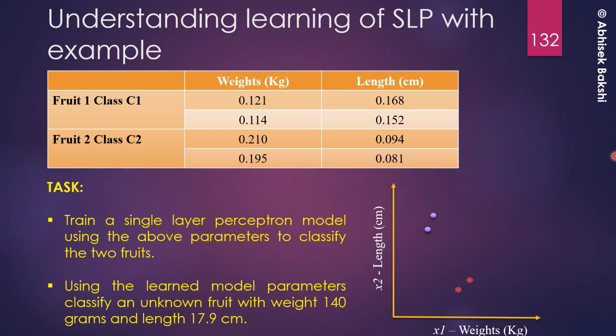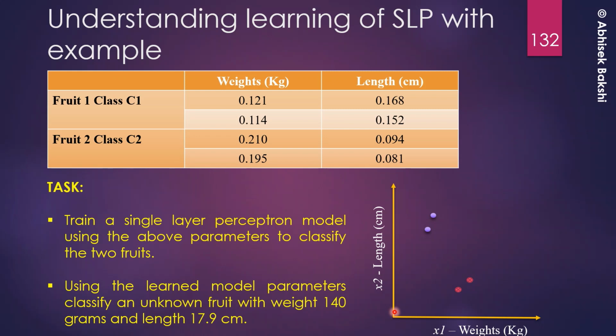two samples. So just for reference, I have drawn a graph here, where I have two axes representing the two features. x1 maybe is the weight and x2 is the length.